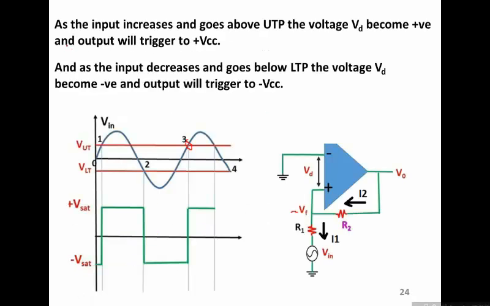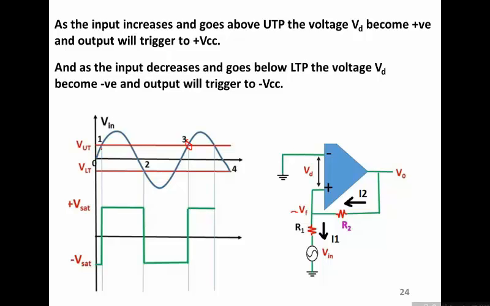So for a non-inverting comparator, as the input increases and goes above UTP, the upper trigger point, then voltage VD becomes positive and the output will trigger to plus VCC.